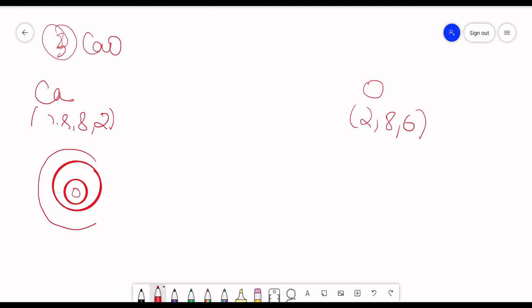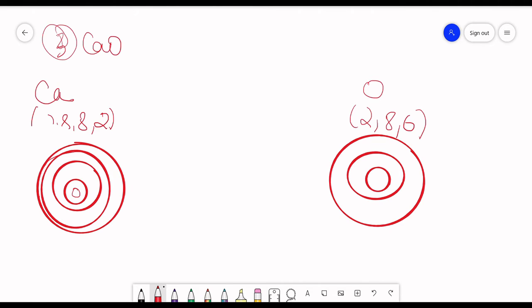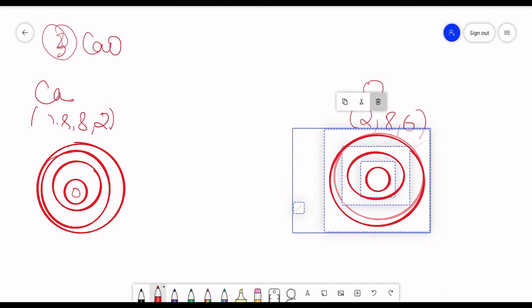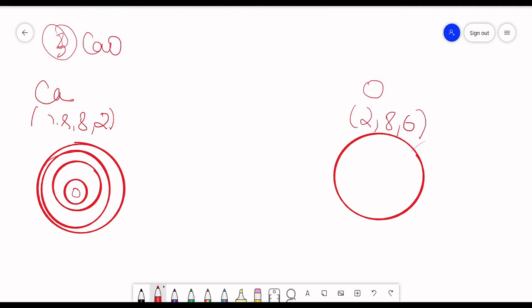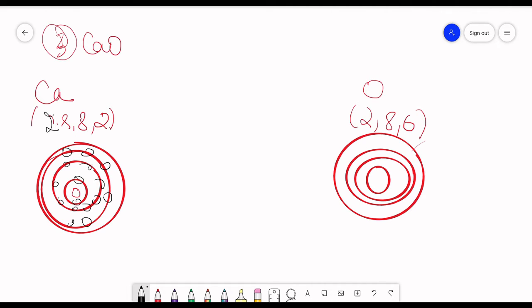This is the nucleus, 2, 8, 8. These dots are the electrons: 2, then 1 to 8, and 1 to 2.